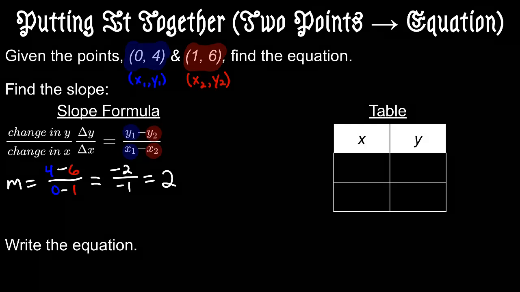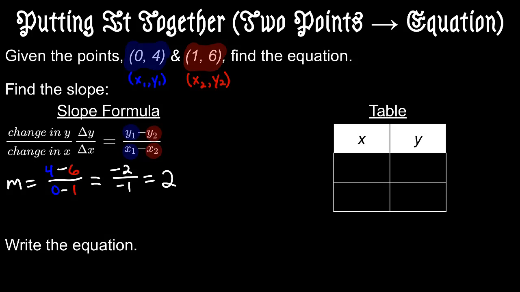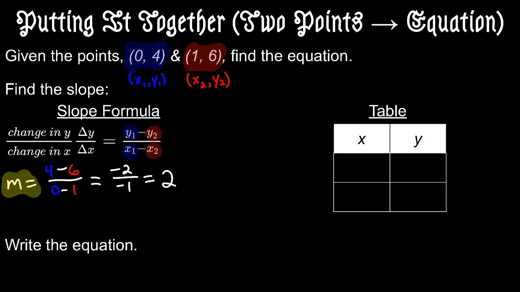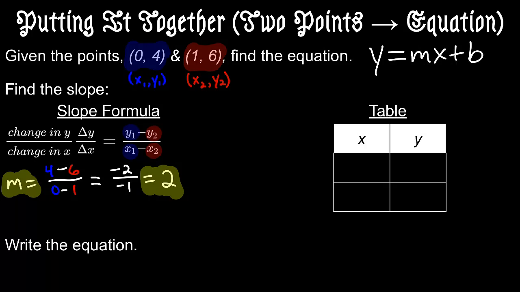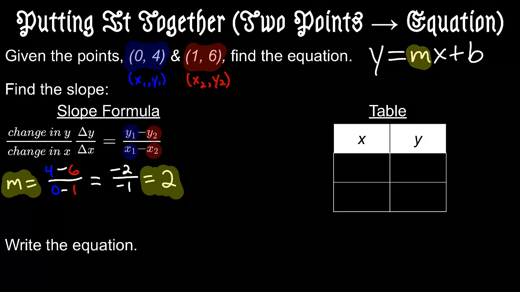and I'm going to say, all right, well, that's going to be yellow. And so our equation, remember, is y equals mx plus b. So our m there is our slope, and our b value is the y-intercept.